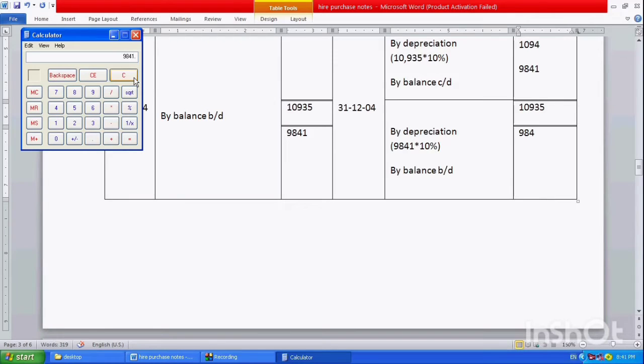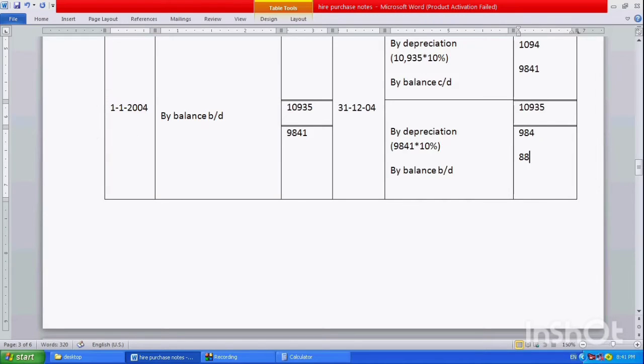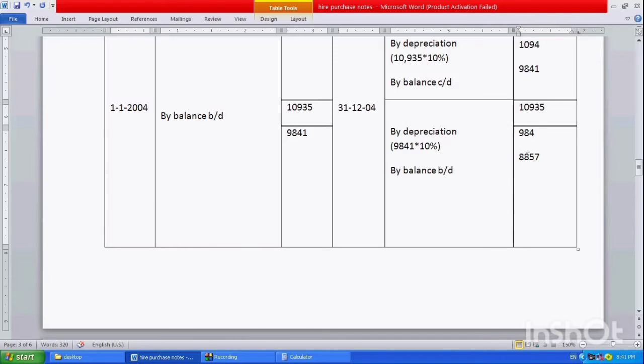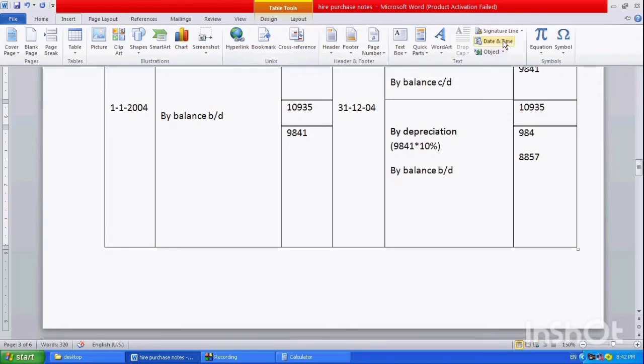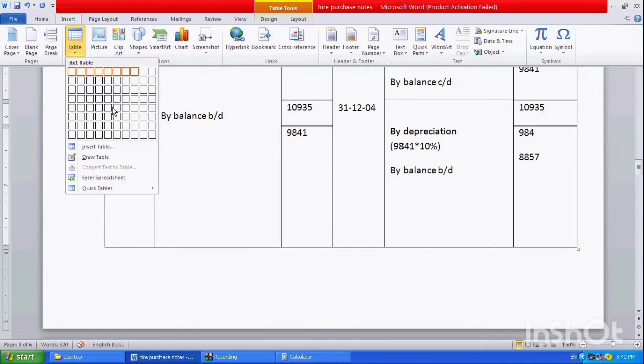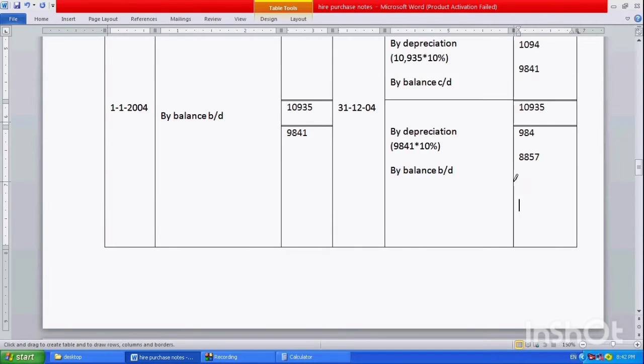Okay, let's see the balance carried down amount. 9,841 minus 984. We are getting 8,857. 57 or 56 we can also say. Now close this, tally this ledger. So we have prepared for 5 years.